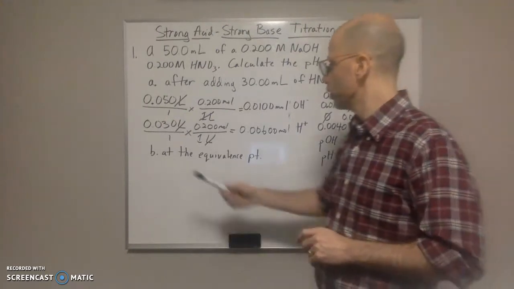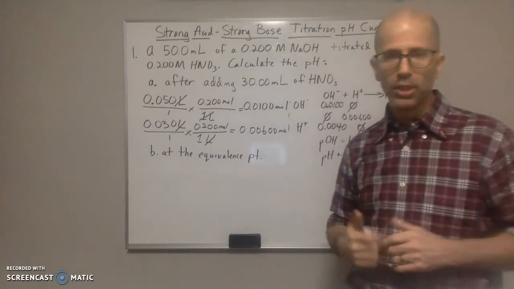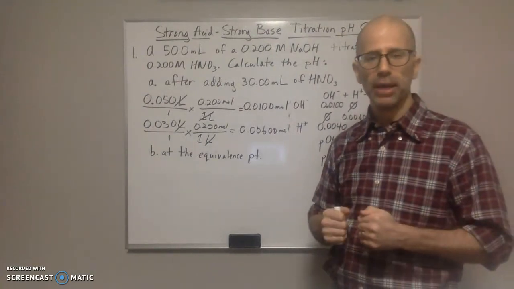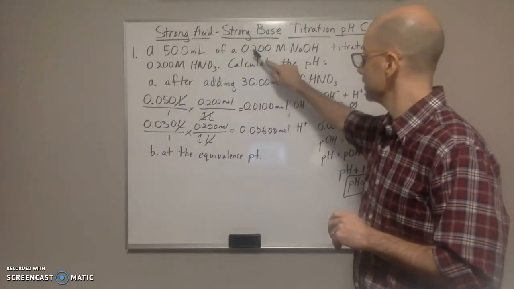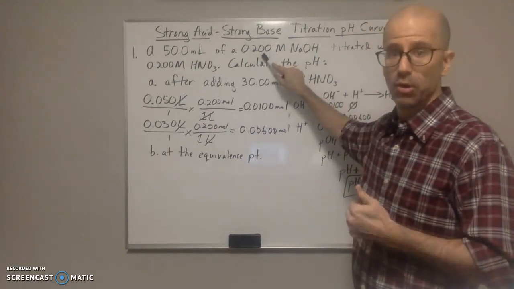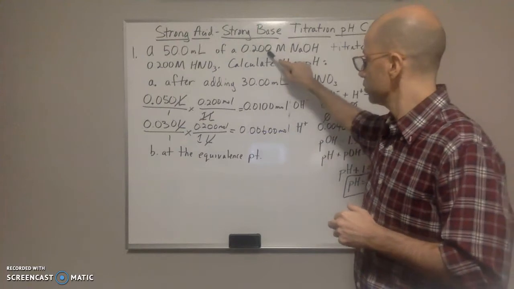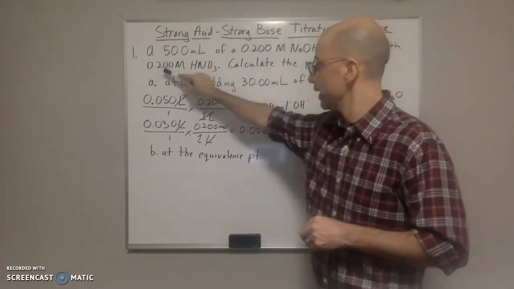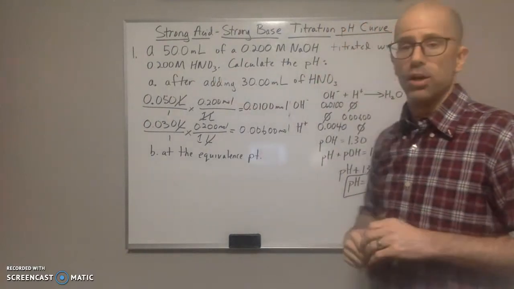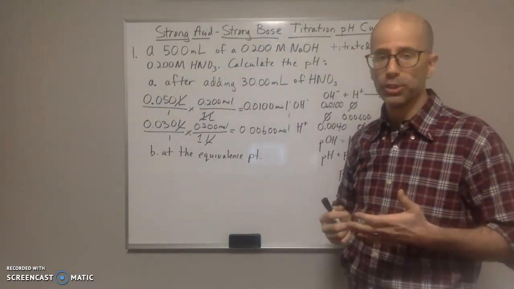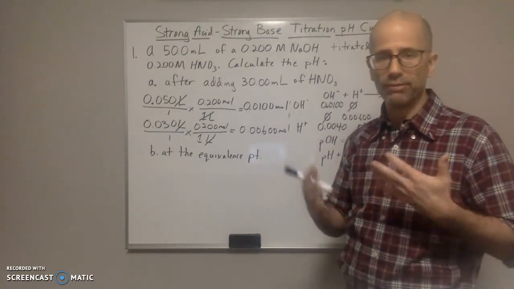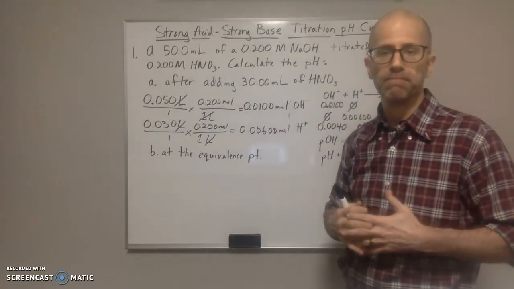Okay, so for the equivalence point, you got to remember, for a strong acid and a strong base, notice that they're at the same concentrations, okay? So at the equivalence point, you have to understand what the equivalence point is.